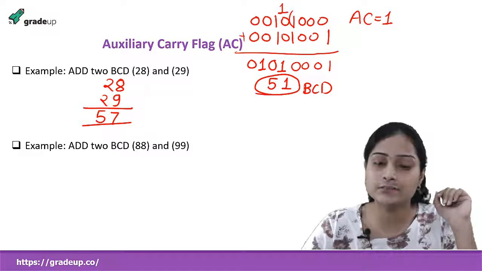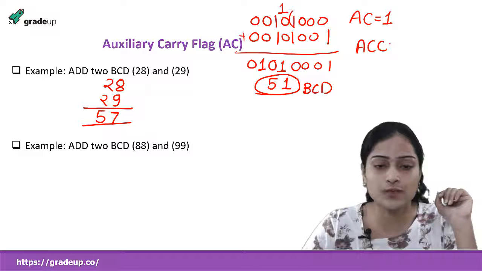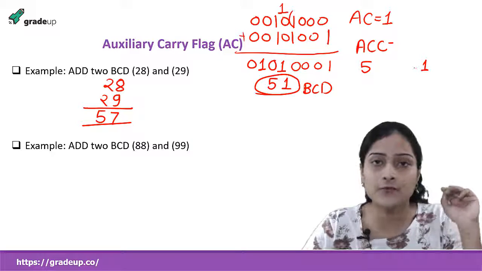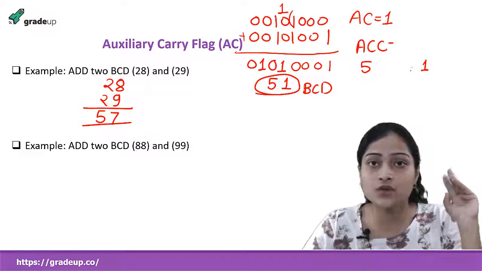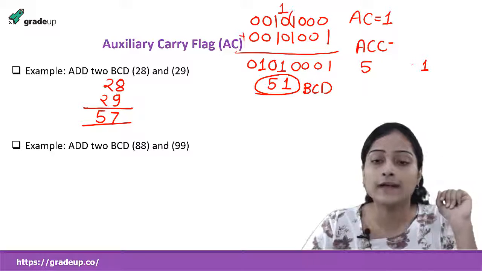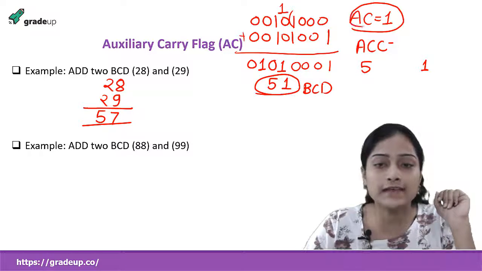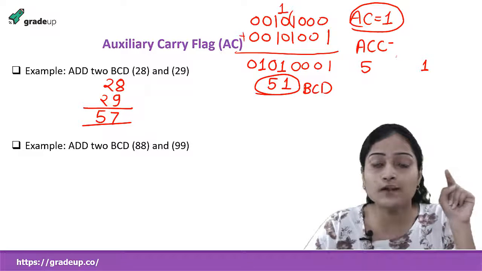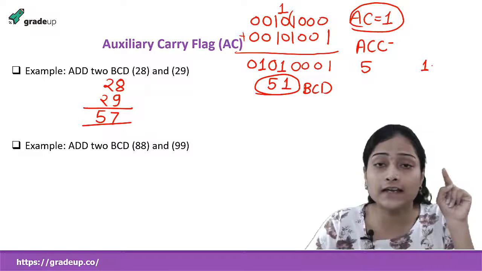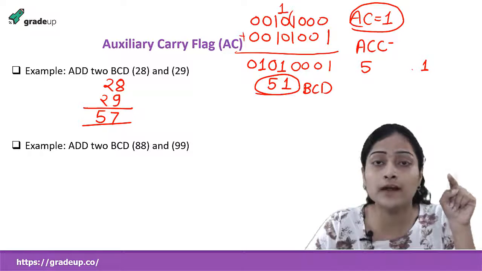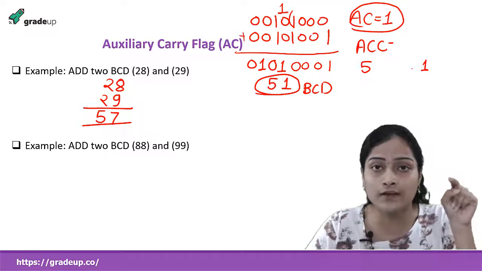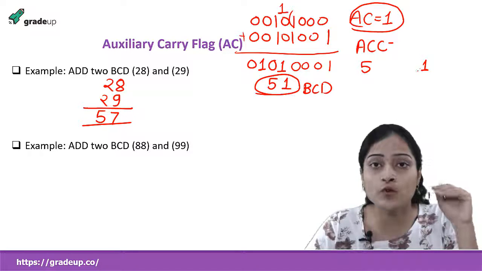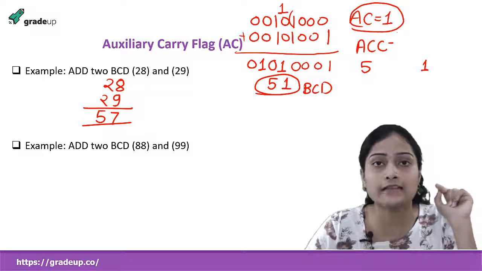This time PSW is going to check this accumulator value. Lower nibble is 1 and upper nibble is 5. Both are less than 9, so no problem. But this time auxiliary carry is set to 1. This auxiliary carry when set to 1 represents that this data is 1 in the lower nibble, but it is more than 1, because an extra carry is generated.